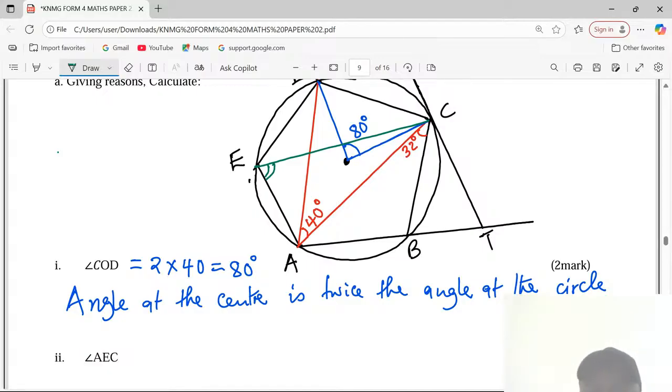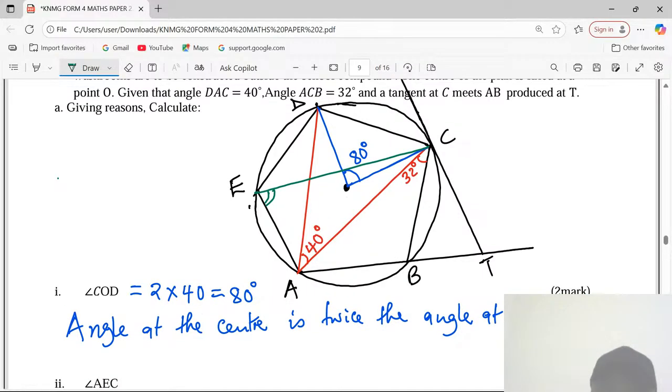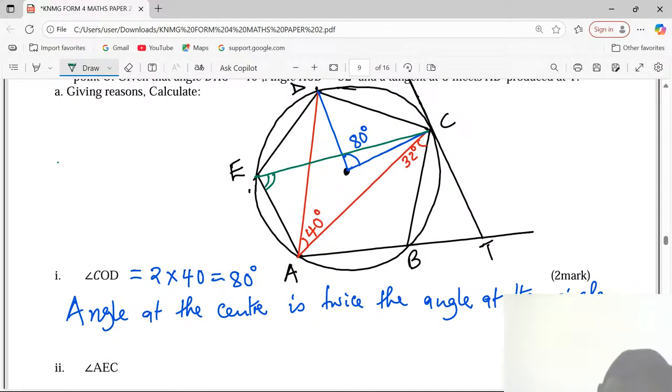So what am I going to do first to get this particular angle? It's good for you to know that all these interior angles, 540 over 5, are 108 degrees.